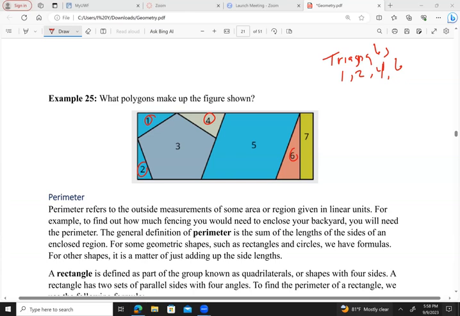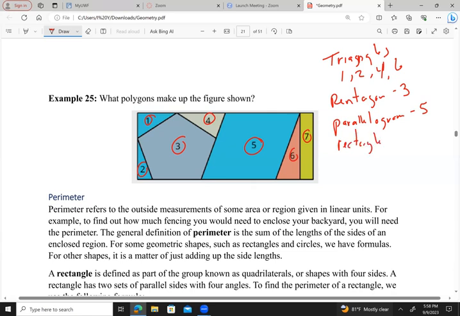Okay. Then I have a pentagon here. Pentagon is number 3. Here I have a parallelogram. It's 5. And here I have a rectangle. 7.